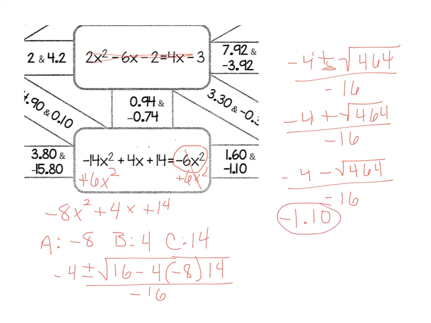And then on the second one, I'm going to have negative 4 minus the square root of 464 equals, divided by negative 16. I get 1.60. So we're going over and to the right.